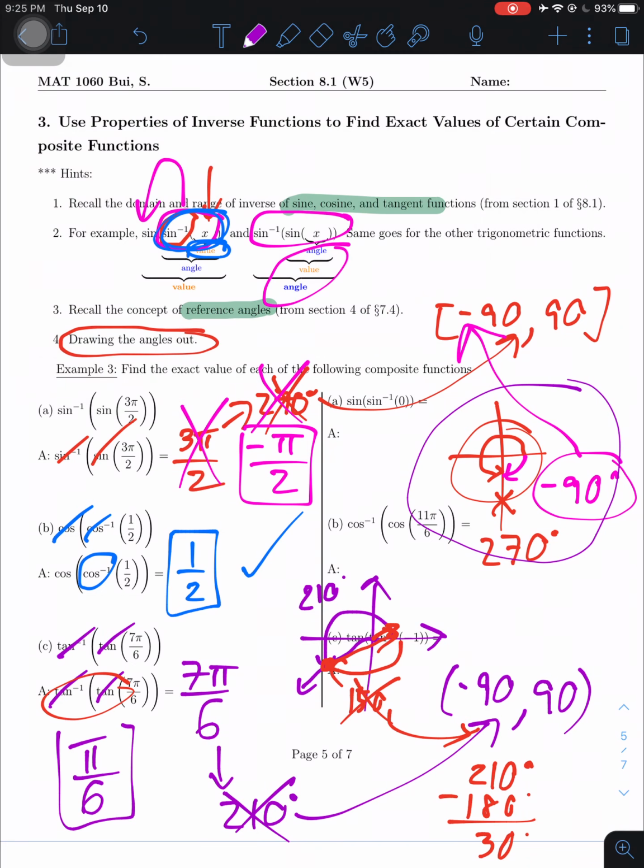And the reason why I know this one is the answer is because 30 is indeed between -90 and 90, right? And if you ask me, why do I have to look across the circle? Why do I have to take that value and minus it with 180? Well, I'm gonna remind you guys that for tangent, the period is pi.